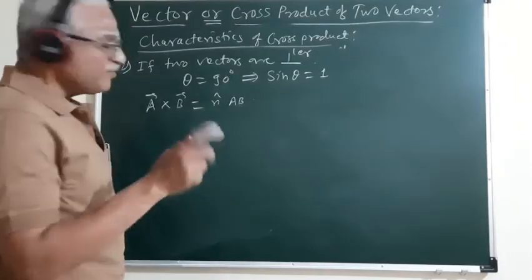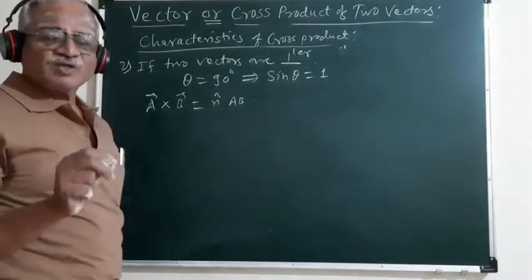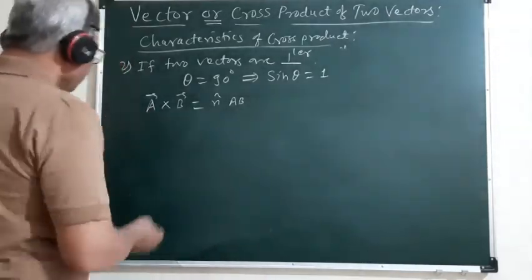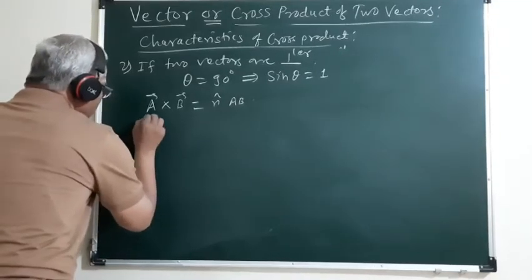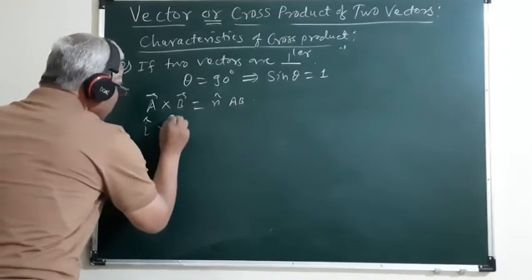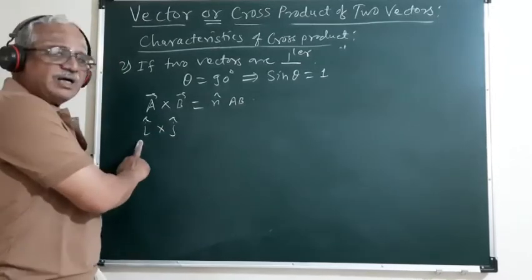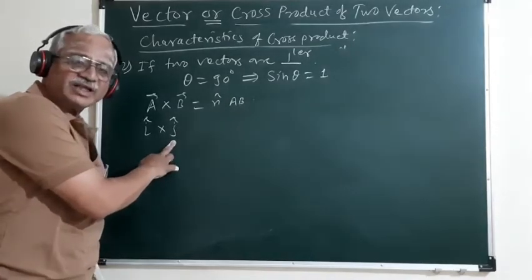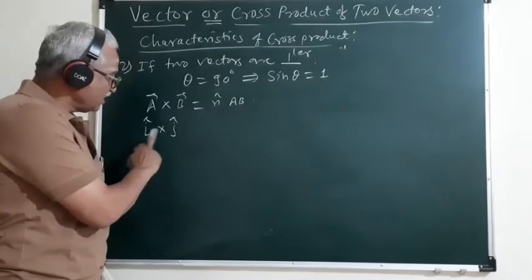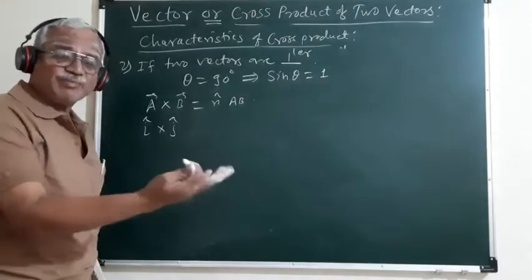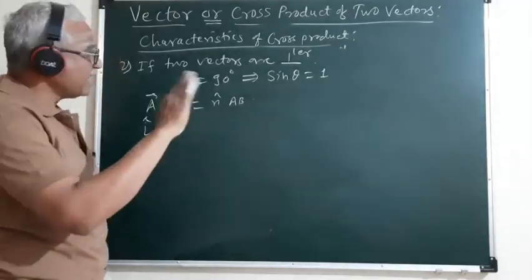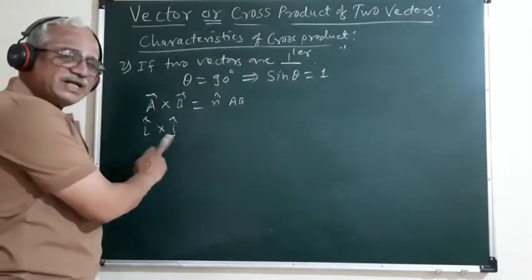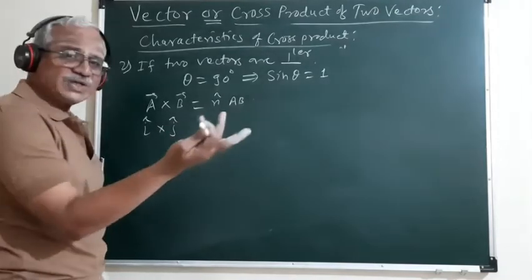Now if we evaluate the cross product of the unit vectors, what will be the cross product of unit vectors? Let us see. So if we evaluate the cross product of i with j, since i cap is directed in the positive direction of x axis, j cap is pointed in the positive direction of y axis, these two unit vectors are mutually perpendicular to each other and such that the angle theta between them is 90 degree. So sine theta will be equal to 1. And since i and j are the unit vectors, their magnitudes are 1 each.